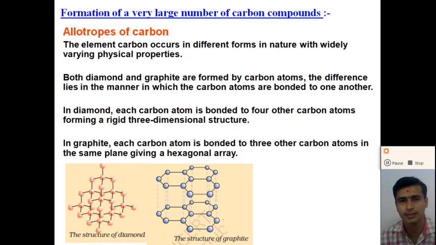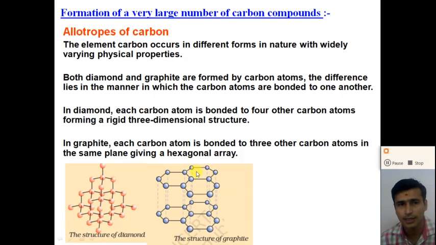So here we will discuss two allotropes of carbon: diamond and graphite, the two different allotropes of carbon. Here in the figure, the structure of diamond and the structure of graphite are given, right? In diamond, the carbon atom makes covalent bonds with four other carbon atoms, and in graphite, the carbon atoms are joined in a ring structure, a hexagonal structure, right?